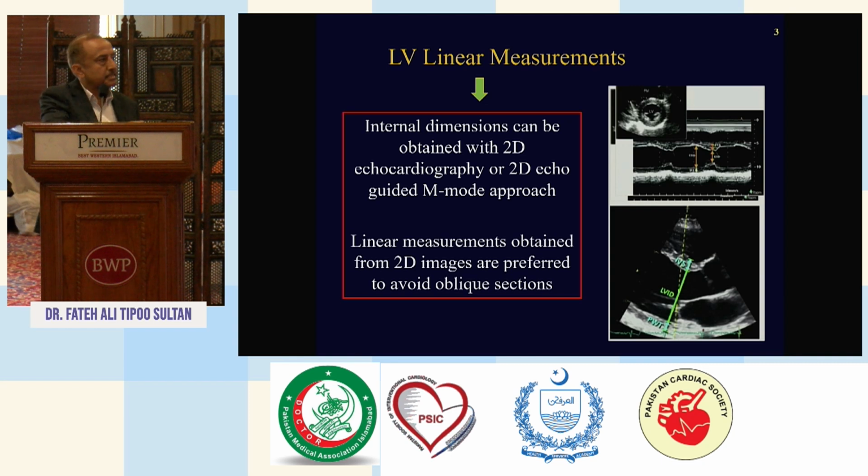That's very important, and if you take the measurements on M mode, then it might not be perpendicular to the septum. So according to the guidelines, ideally the measurements of LV should be taken on 2D images, but if your M mode is more perpendicular to the septum, then you can take it on M mode as well.